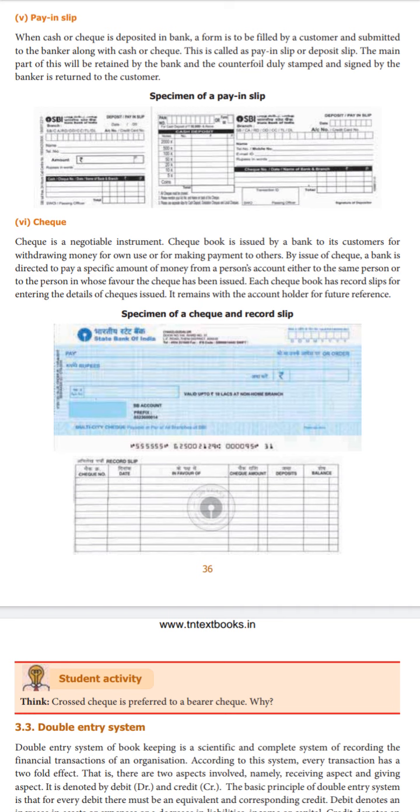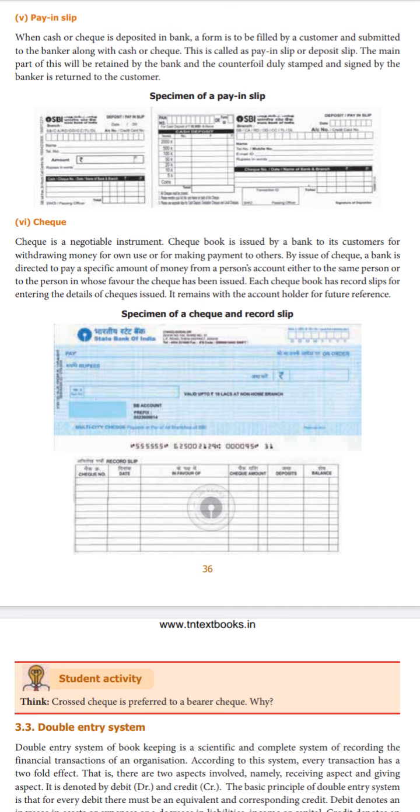because whenever we deposit cash or a check we use this pay in slip. Here, as in the specimen itself, you see the left side, the smaller part, will be given to the customer, okay, and the right side part will be retained with the banker itself.